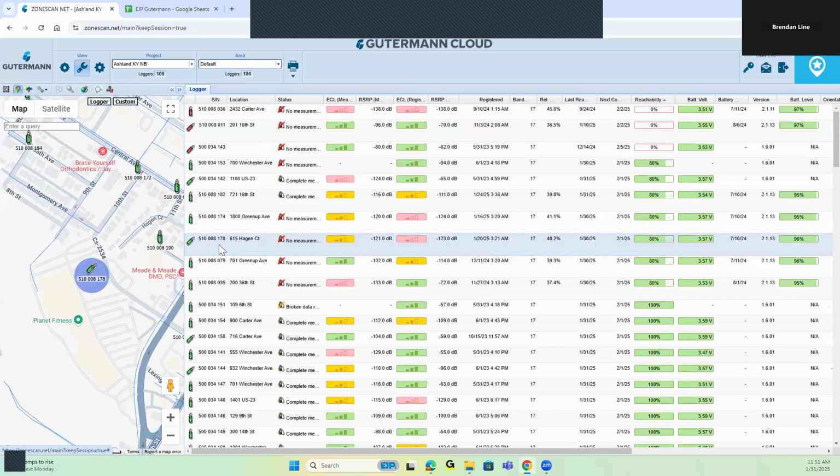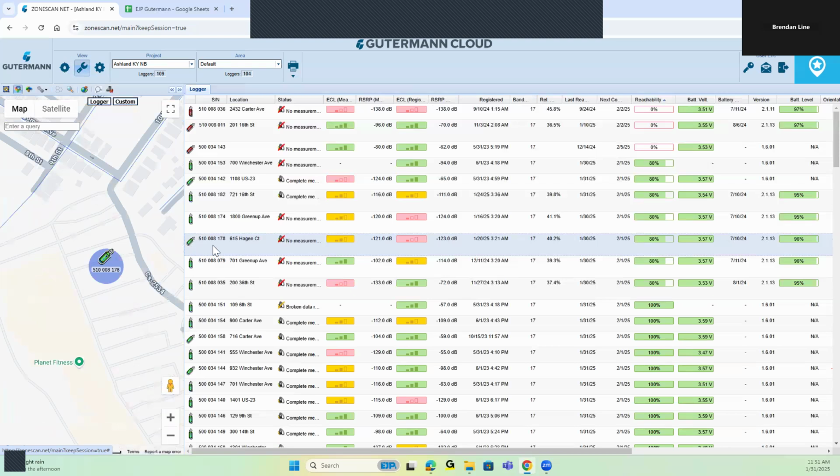Therefore, with pitch and roll, ZoneScan Net can notify you that this particular logger has either fallen off the valve, or maybe you went out in the field and just pulled it out of the box and redeployed it, and it's going to notify you that it's been changed. So if you see this angled logger, you may want to go out and inspect that location, or maybe you'll know that, oh, I was out there, I remember, and that's why it's tilted.